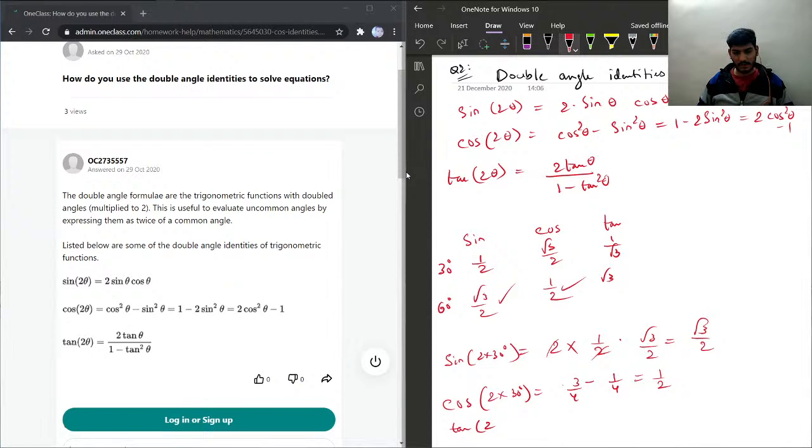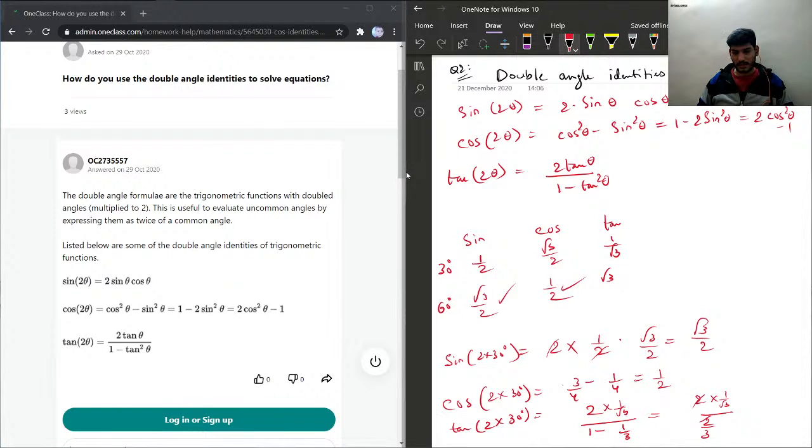And similarly, we can write tangent: 2 times tangent of theta, so 2 times 1 over root 3, over 1 minus tangent squared, so this will be 1 minus 1 over 3. So in the LCM we'll have 3 minus 1, 2 over 3. This will be 2 over root 3 times 3 over 2.